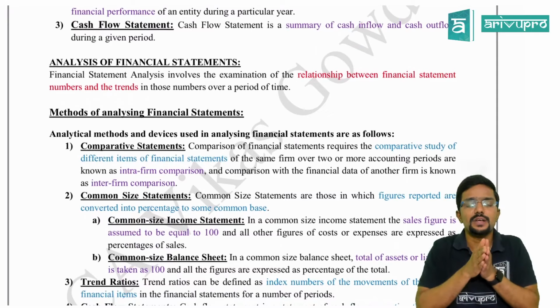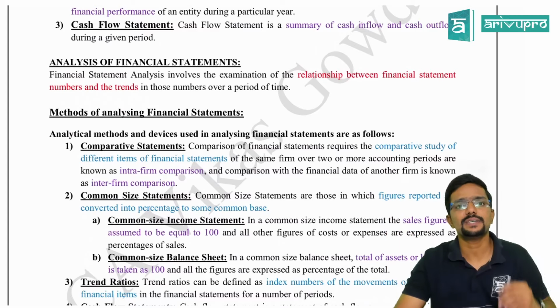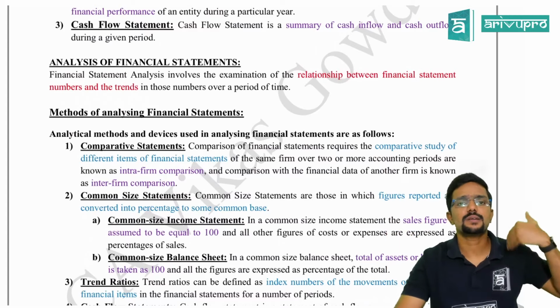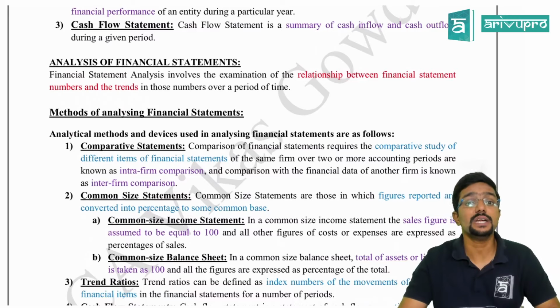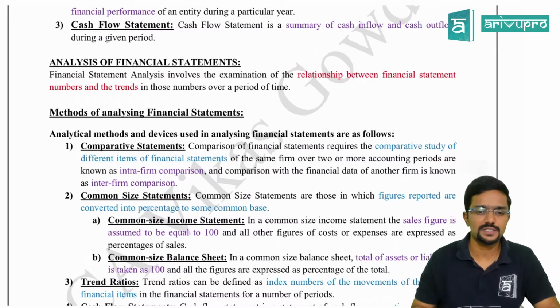So these are the various numbers. Coming to the balance sheet, there will be various assets, fixed assets, current assets, under that various categories. Coming to the liability side, share capital, reserves and surplus and liabilities. So we will try to take any two numbers and check the relationship between them. So that is called analysis of financial statements.